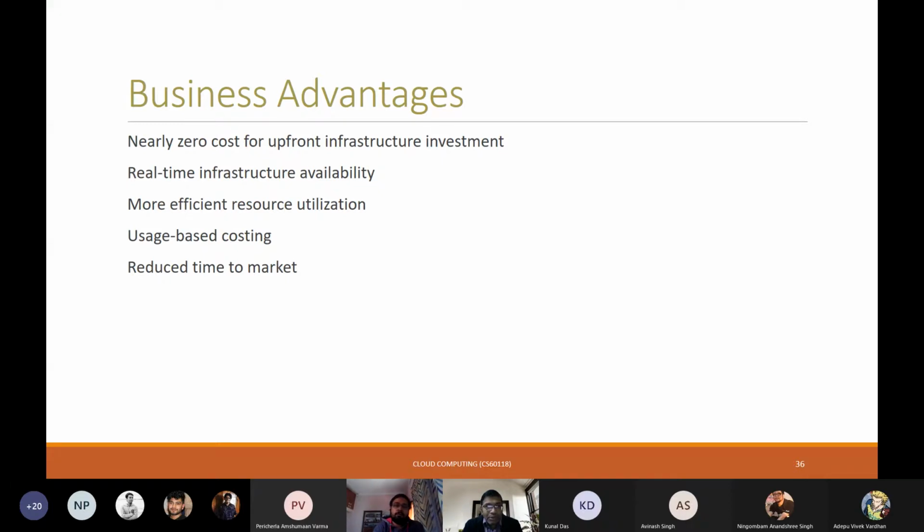So if you are looking at other non-cloud kind of models, many times, due to issues such as maintenance, etc., there could be downtime, right?